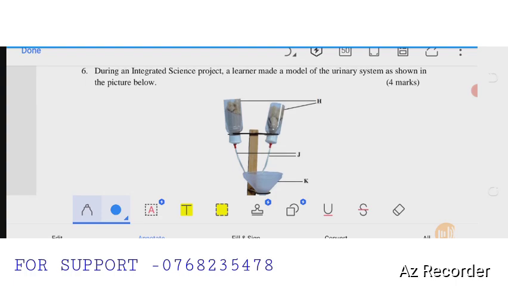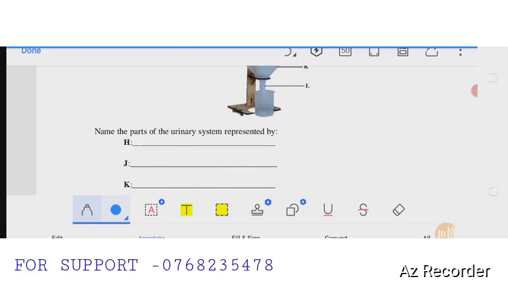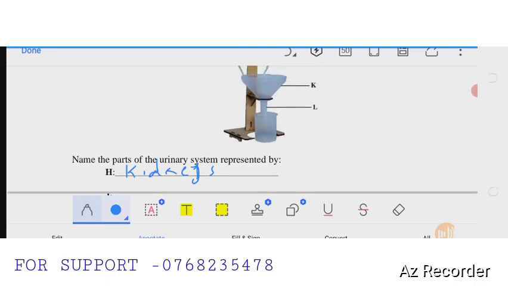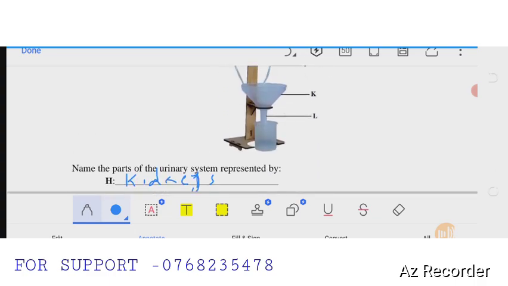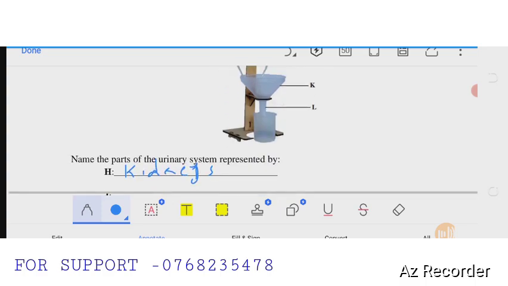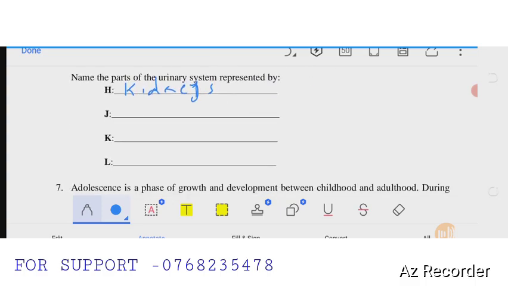So we shall start by H, which is the kidneys. So we shall just write the answer. Kidneys. Just remember there are 2, so you have to write them in plural. Number 2, J, is what we call the ureters, because there are also 2, so you need to write in plural.